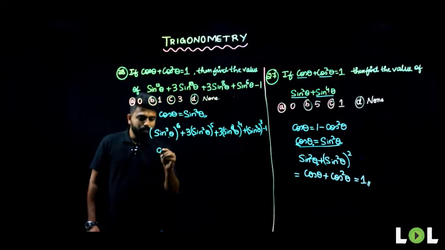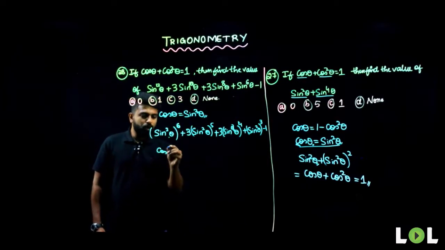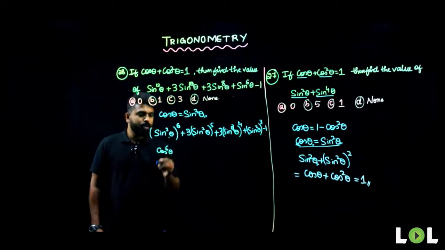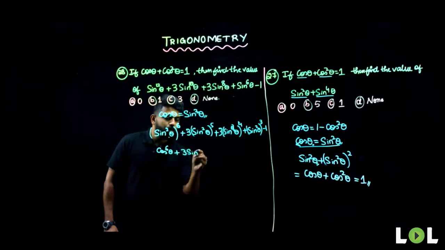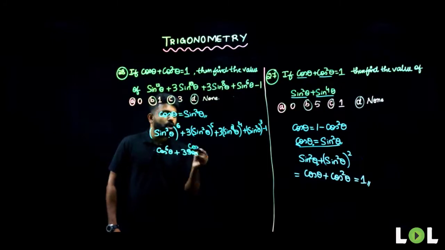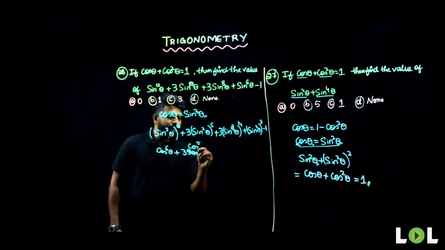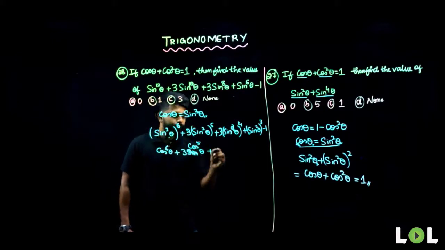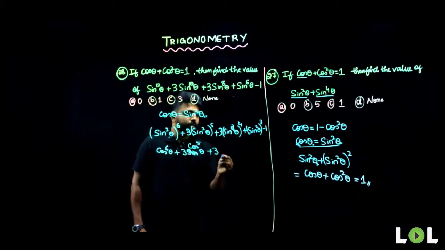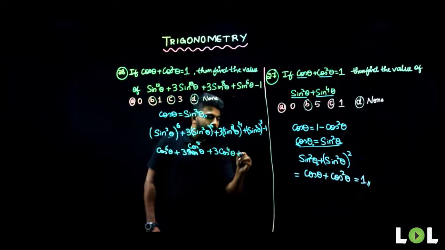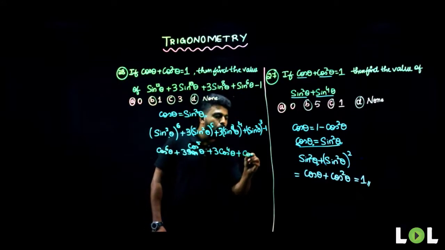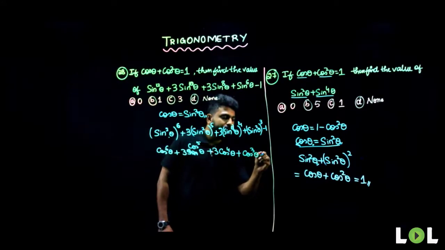So I will be left with the value of cos to the power of 6 theta plus 3 cos to the power of 5 theta plus 3 cos to the power 4 of theta plus cos cube theta minus 1.